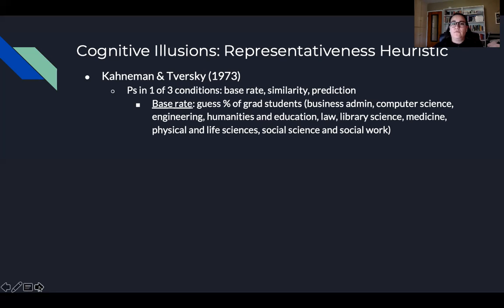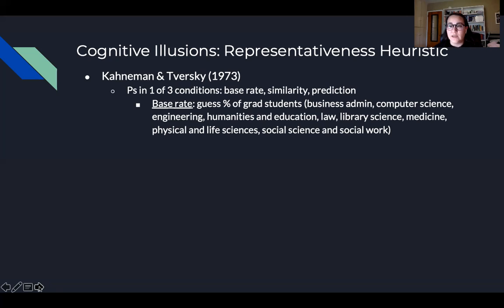For those in the base rate condition, they were asked to consider all of the first-year graduate students in the United States today, and then come up with their best guesses about the percentage of grad students enrolled in each of the following 9 fields.